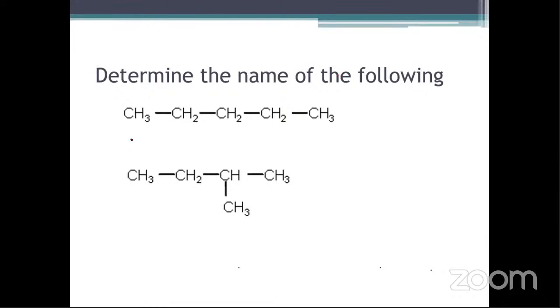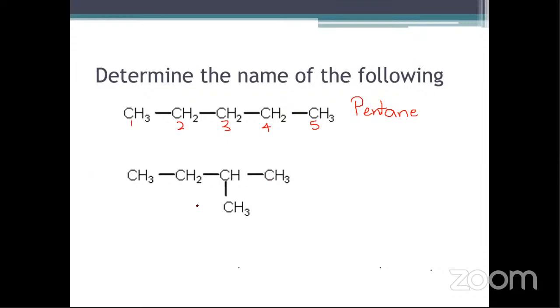Pentane. Pentane, very good. If you notice, it has 1, 2, 3, 4, 5 carbons, and for 5 carbons we have the prefix pent. Because it contains single bonds, it's an alkane.